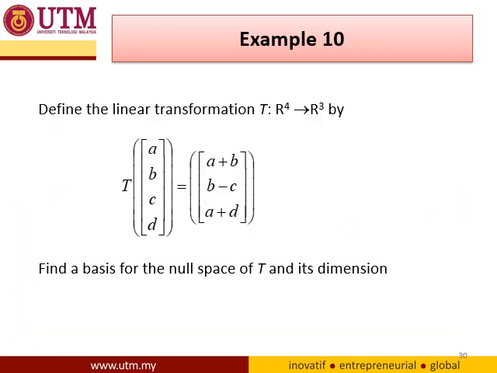We look at example 10 here. Define the linear transformation from R4 to R3 by this transformation here. Find a basis for the null space of T and its dimension. We already know how to find a basis for the null space. Look back at chapter 3, finding the basis for null space.